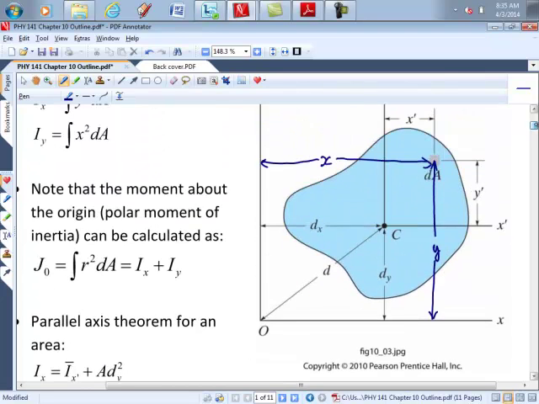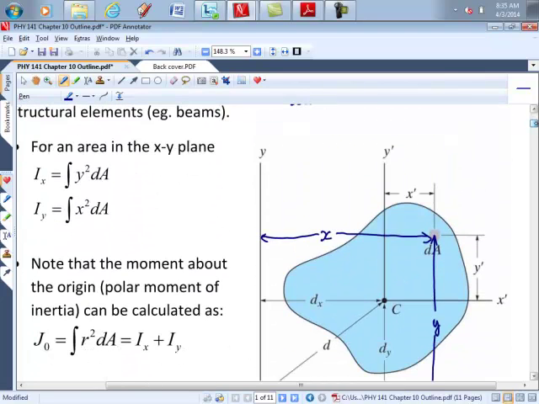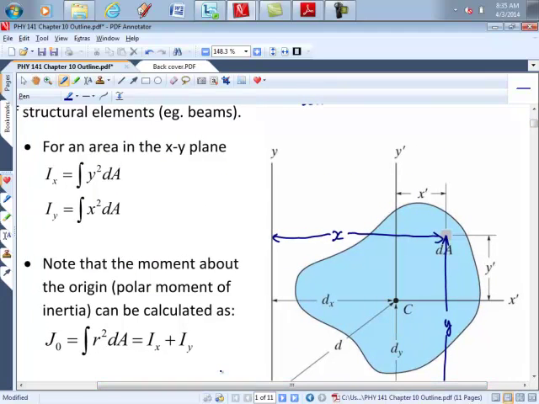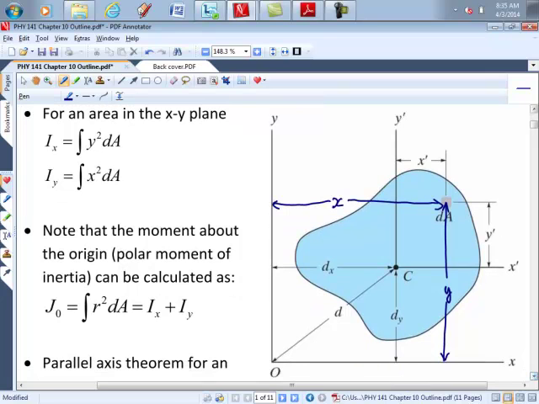Okay, there's a third moment that's introduced here, and that's not used as often, but it is occasionally, and that's the moment of inertia about the origin, which is called the polar moment of inertia, and it's calculated as r squared times dA, and r in this case would be the distance here from the origin to the dA. So r would be this distance.